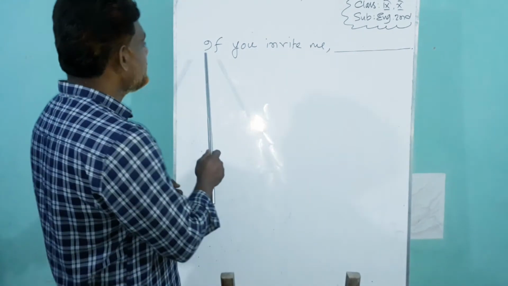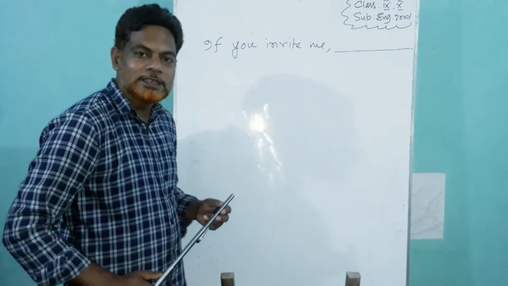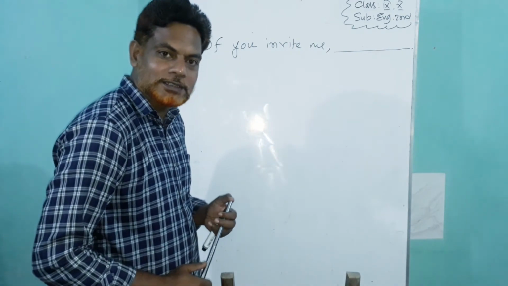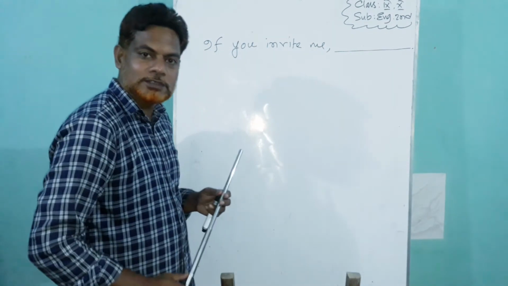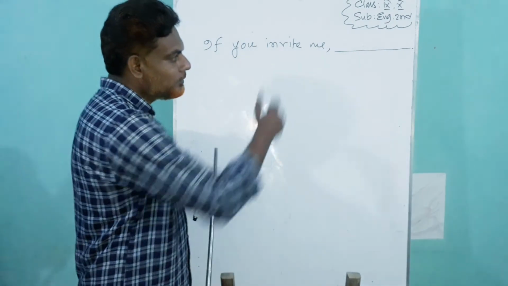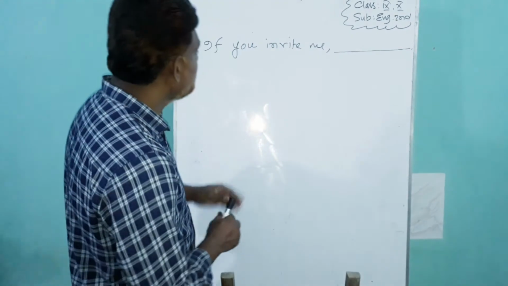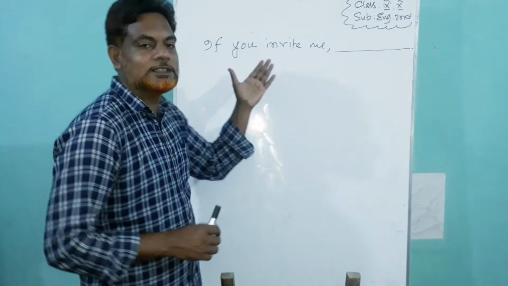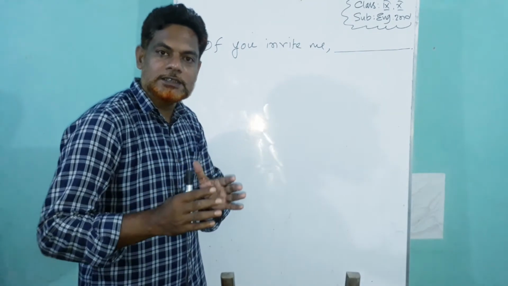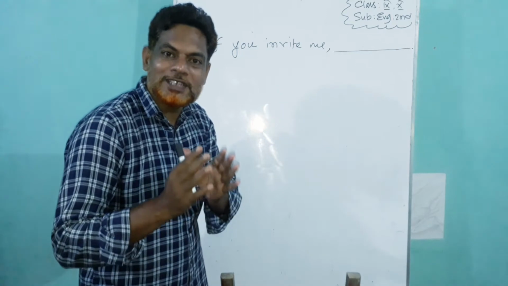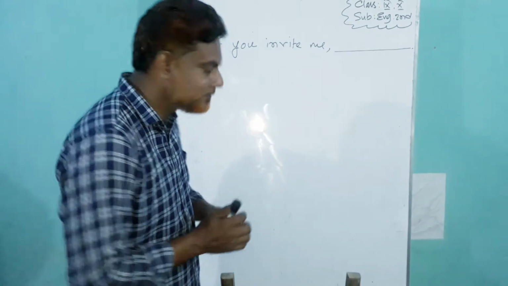Let's see, as there is if plus present tense, you can see "you invite me" is present tense. That's why this condition is the first condition. Now, how can we complete this sentence? If the subordinate clause is first condition, you have to write future tense in the principal clause.